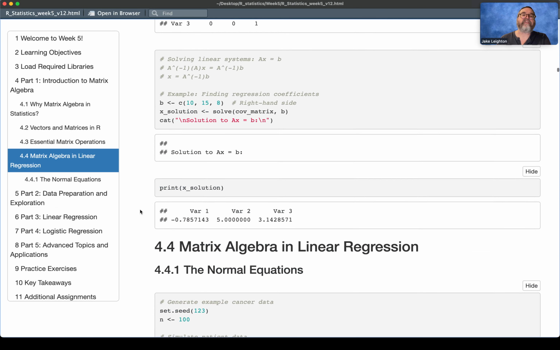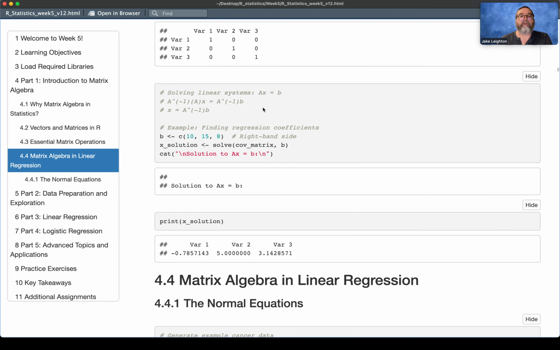So how can we use this to solve our linear system? Well, if you remember, we have B equals AX. Think of B as the response again, A as the covariance matrix, the design matrix, and X as the coefficients. In this sense, we want to find X this time, right? We already know the response and the design matrix. So how can we do this mathematically? Well, think about it here.